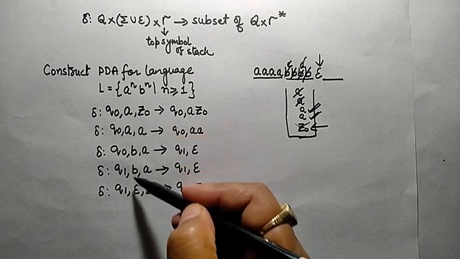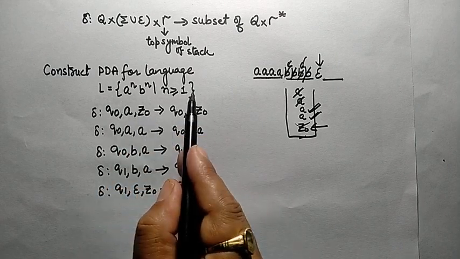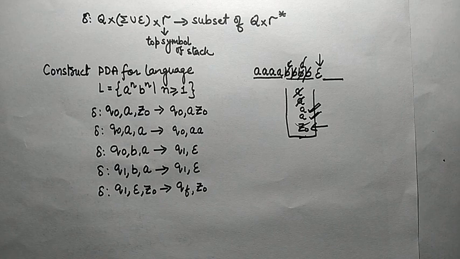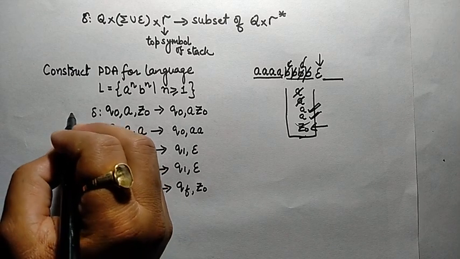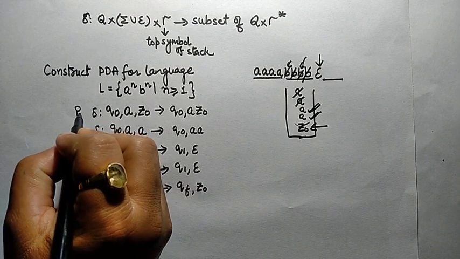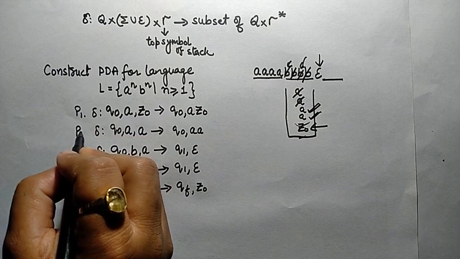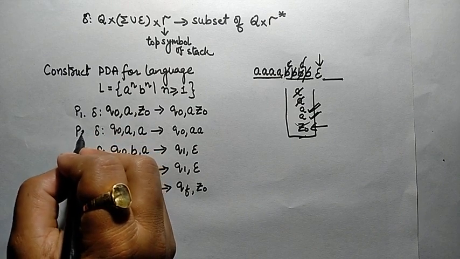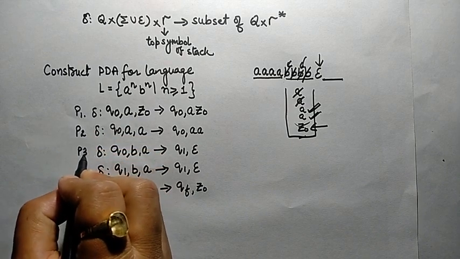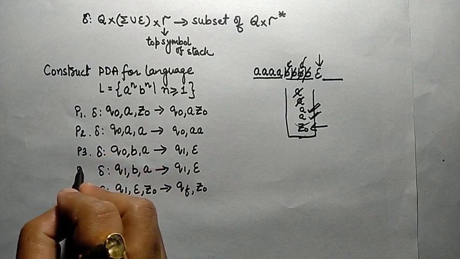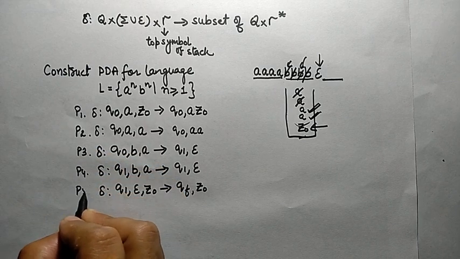So these will be the transition rules for this language. If I consider this, let's say rule number 1, this is rule number 2, this is rule number 3, this is rule 4, this is rule 5.